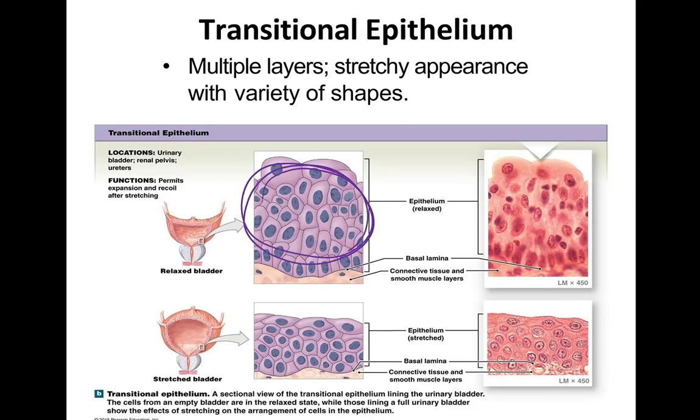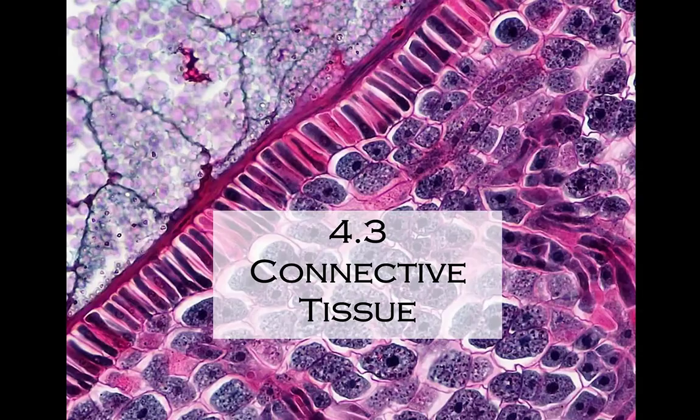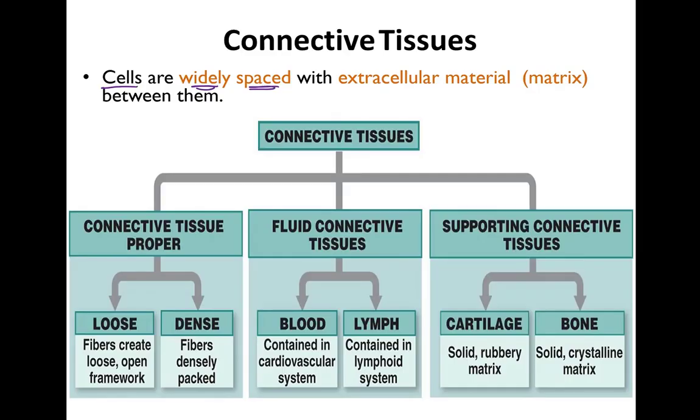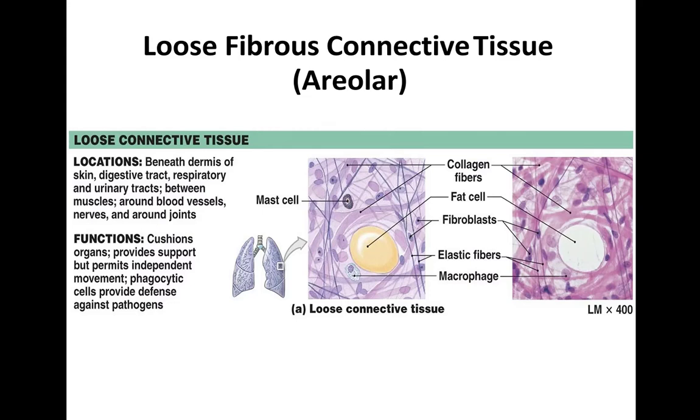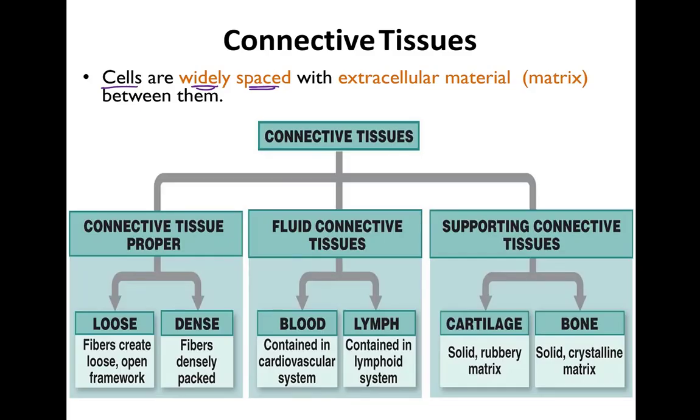There's no gaps in between them. They are right next to each other. That's not going to be the case here with connective tissue. If I scan ahead, as an example, you can see that we have individual cells here in this diagram, but there's a whole bunch of empty space surrounding them. That's much more typical of connective tissue.